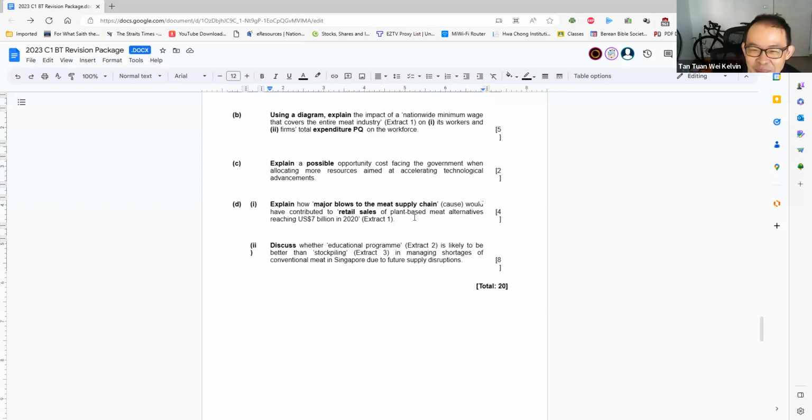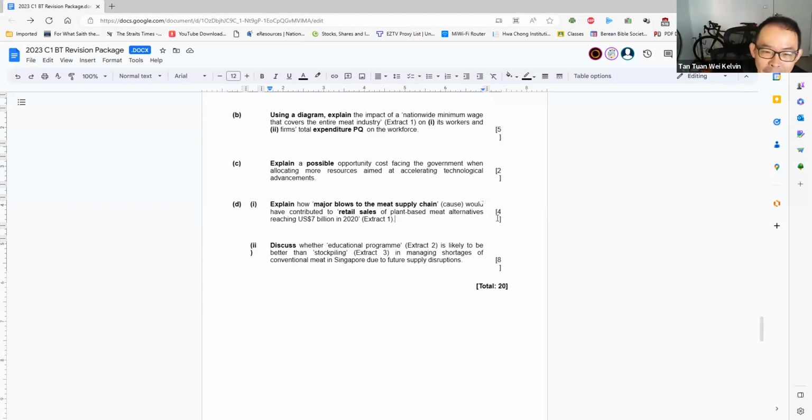This, I think, means it's going up. So we'll read the case study to figure it out. It's a four-mark question, so you must give some good explanation. You need about 2 points for a four-mark question. Again, for D part 1, they didn't say with the aid of a diagram, so you don't really have to draw a graph to get all 4 marks. You just need to explain the economic link.